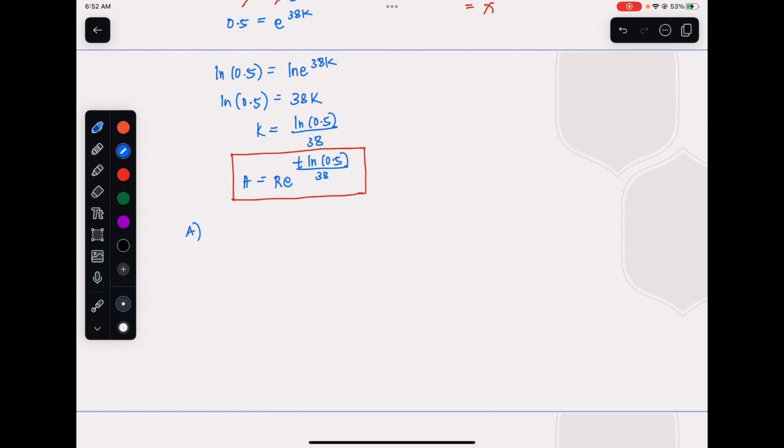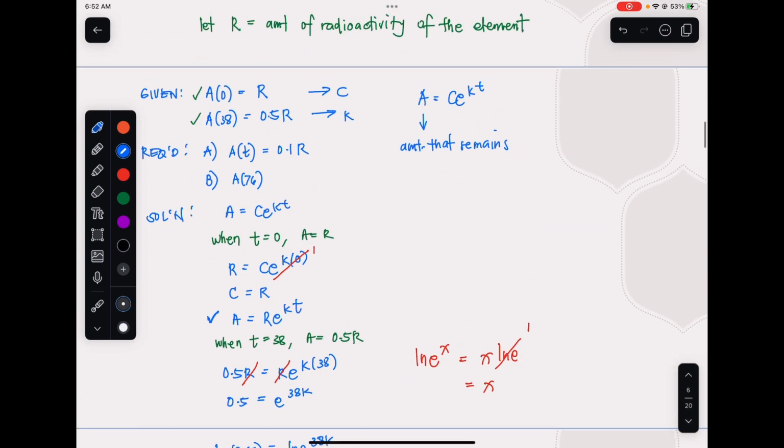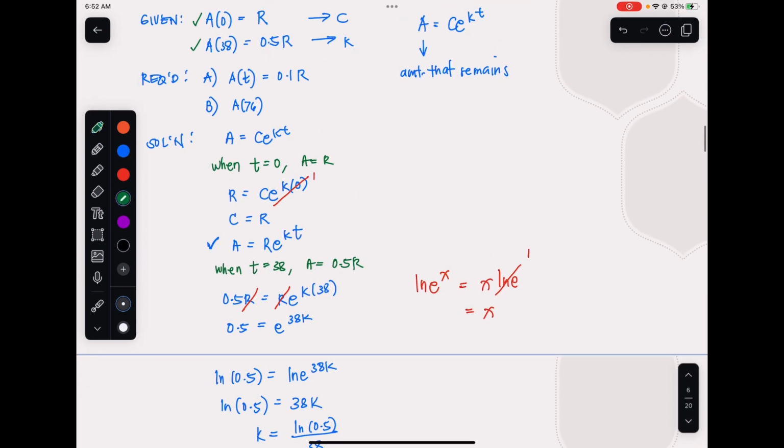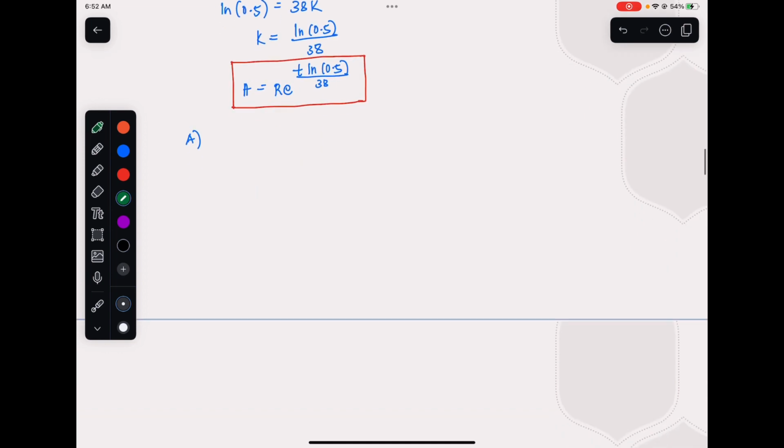Since we were able to derive our working equation, we can now find the requirements. For our first requirement, it says that when A is 0.1 R, what would be the time? When A is 10% of the original amount of the element, what would be the time?